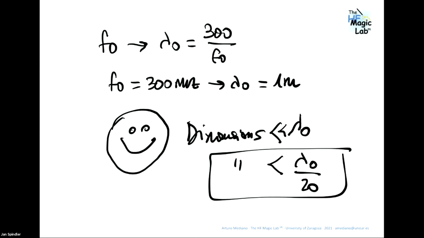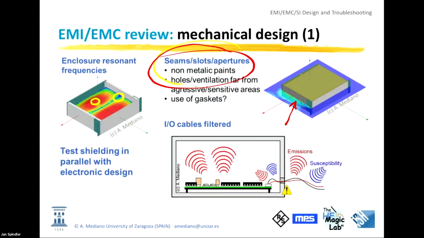No? For example, for 300 megahertz, lambda is 1 meter, 100 centimeters. So lambda over 20 is 5 centimeters. So an easy review is to go to the mechanical design and to check that there are no slots or apertures longer than 5 centimeters.